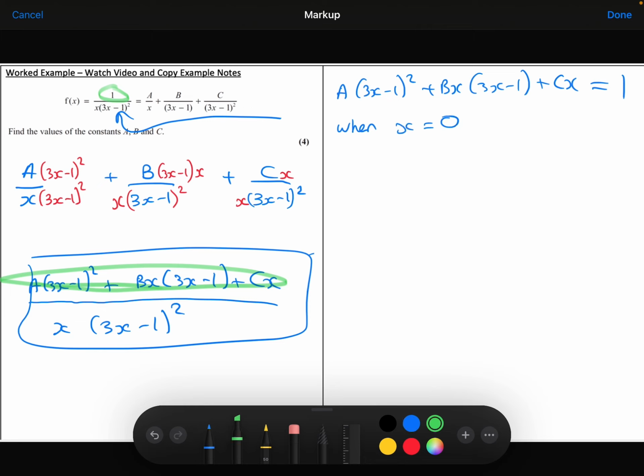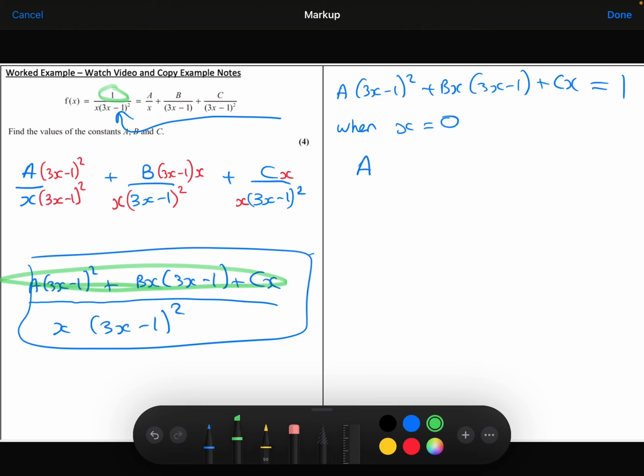the first term, well, if x was 0 here, then 3x would be 0. Minus 1 squared will be plus 1. So all of this will just turn to plus 1, multiplied by the a is a.